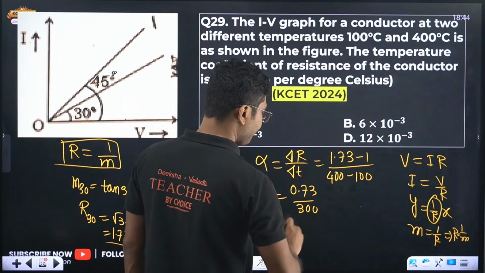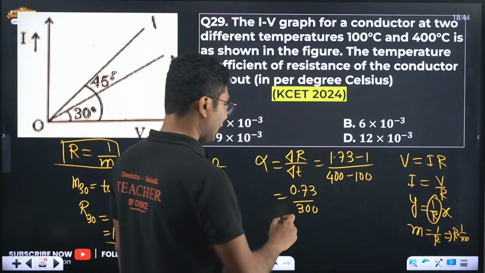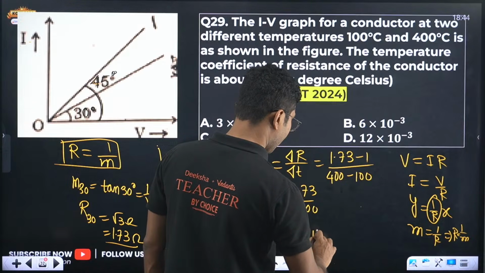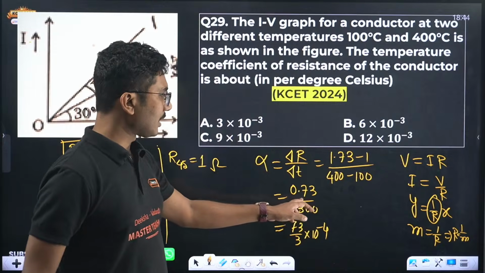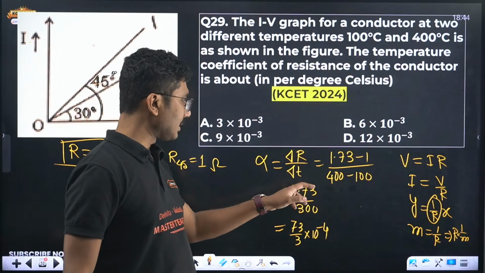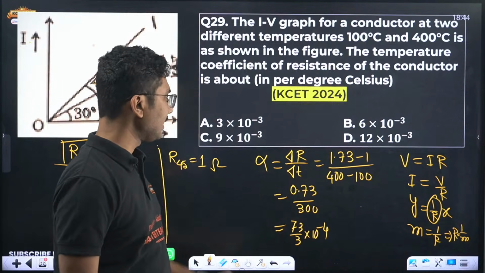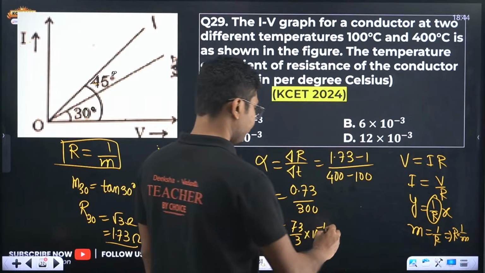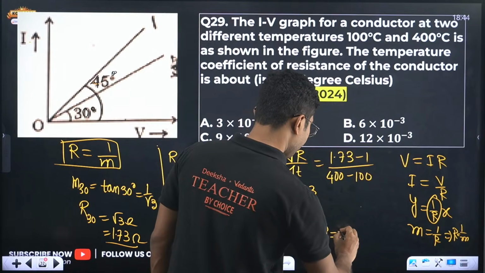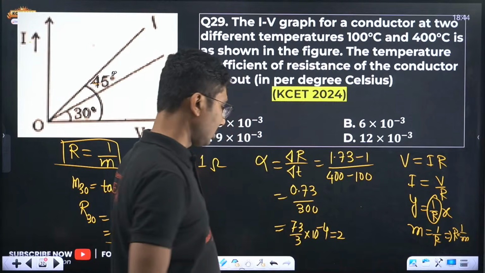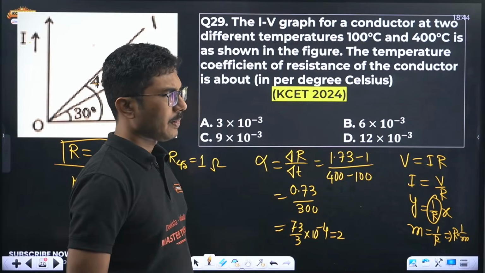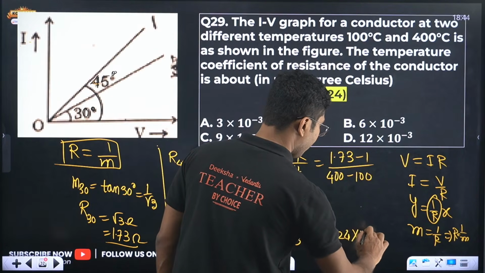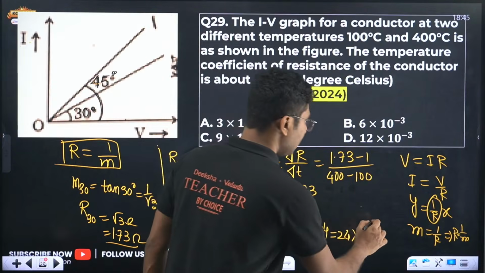So that will be 73 by 3 into 10 to the power of minus 4, which is about 24 into 10 to the power of minus 4.